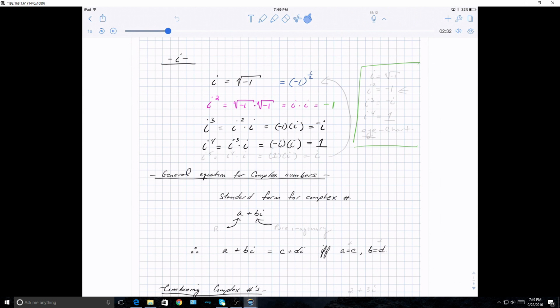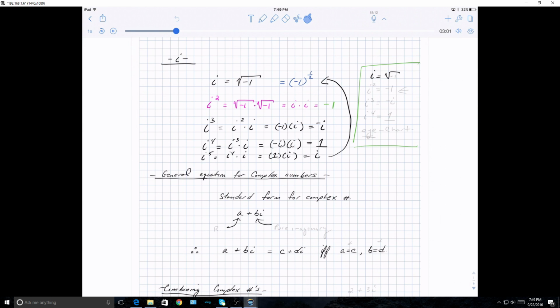Now, if you do the pattern, you start to see that every 4th one, we're going to start to repeat. So just for quick sake, i to the 5th is going to be i to the 4th times i, and i to the 4th was 1, times i is just i. So notice we're starting to recycle, and we can just keep going through that pattern.